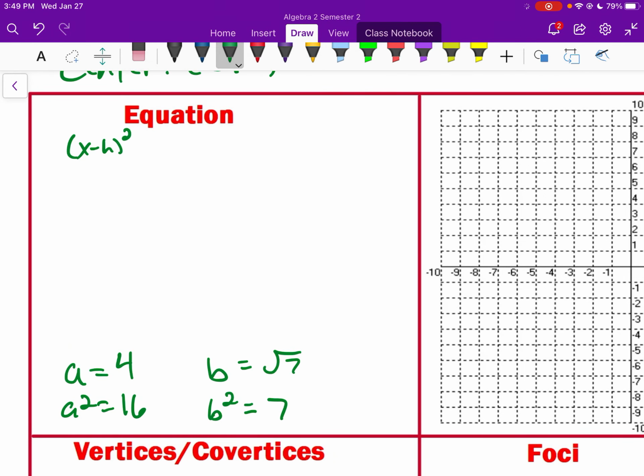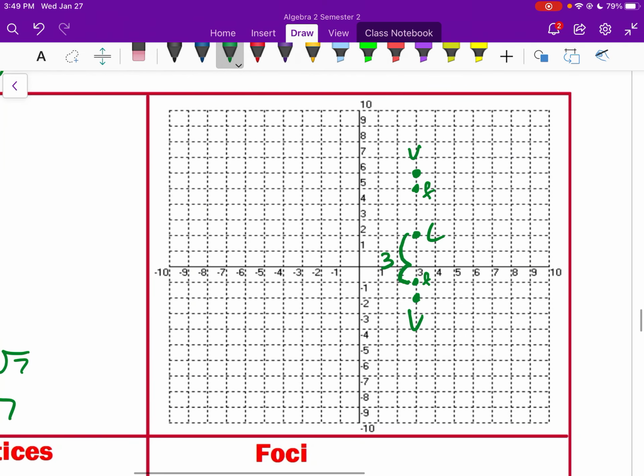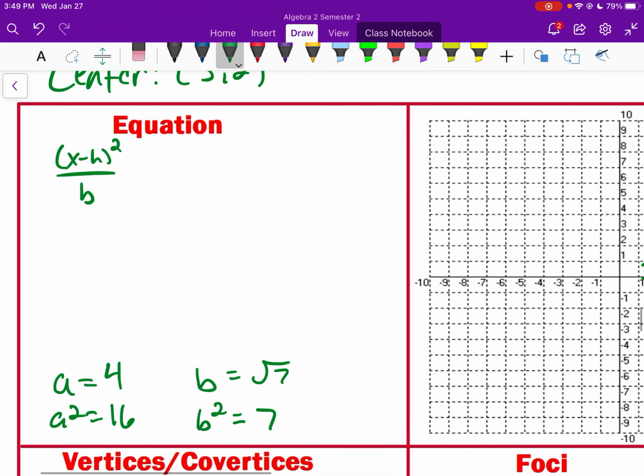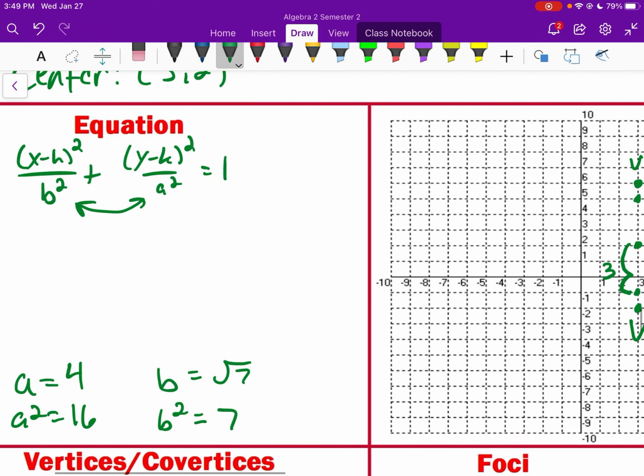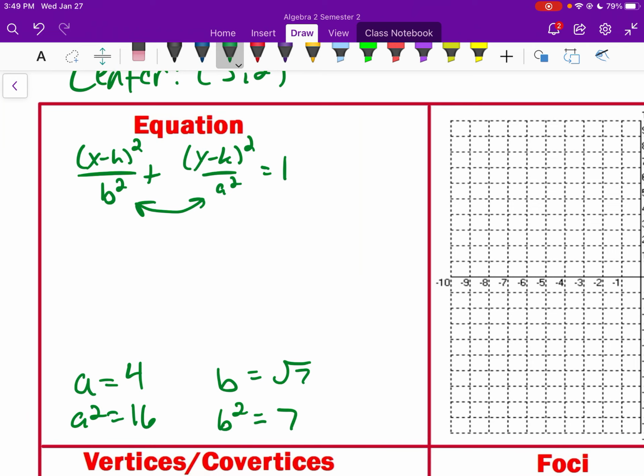So again, x minus h squared over, in this case, would be b squared, because up and down is that major axis, so it would be b squared in this case. y minus k squared over a squared is equal to 1. Now, just don't worry about flip-flopping a and b. Just know we went up and down that 4, so that means that has to go under the y.